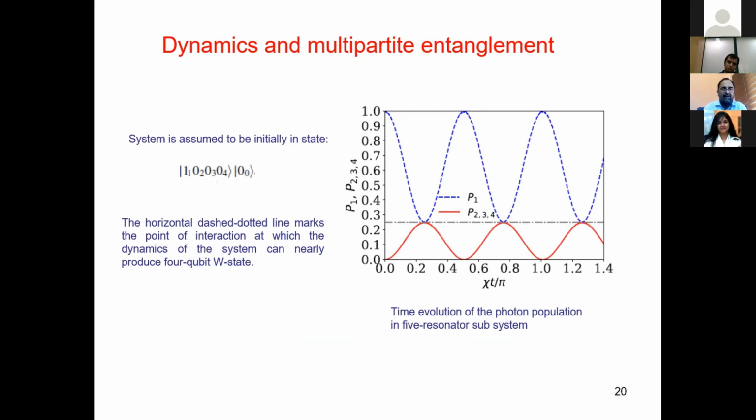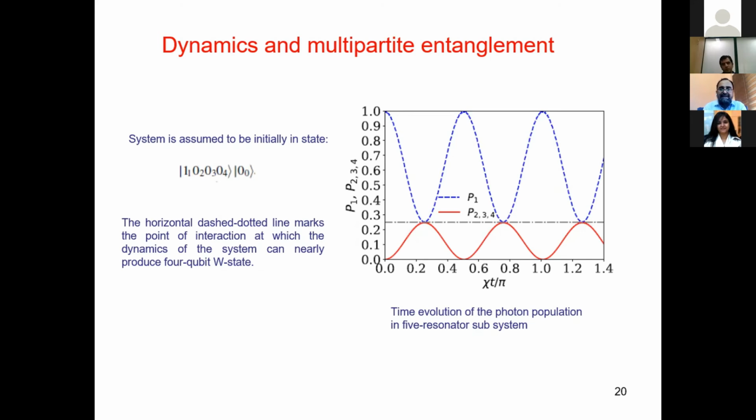So one photon in the first resonator, nothing in the second, nothing in the third, and nothing in the fourth. Now notice over here we have shown the time evolution of the photon population in 5 resonators. When I say 5 resonators, it means 4 resonators R1, R2, R3, R4, and the 5th one is the bus resonator. All of them are connected with it.